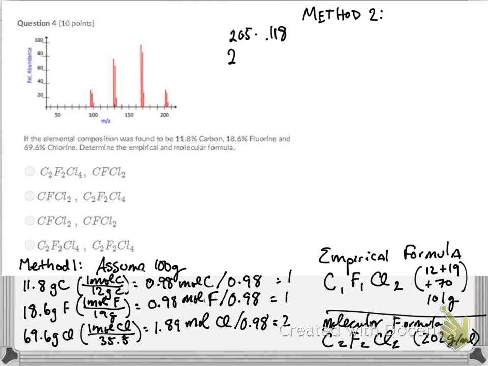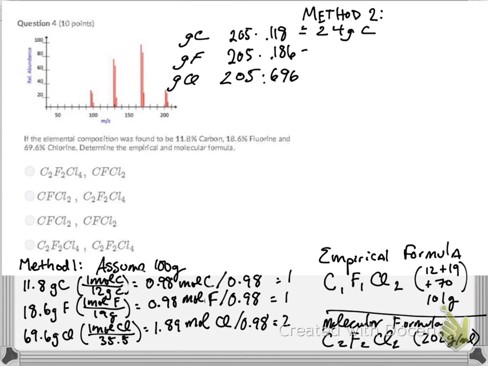So if we take 205 and multiply by these percents, for carbon we take 205 times 0.118, which is 11%, almost 12%. And we see there's 24 grams of carbon in the sample. For fluorine, it's 38 grams of fluorine and 70 grams of chlorine.